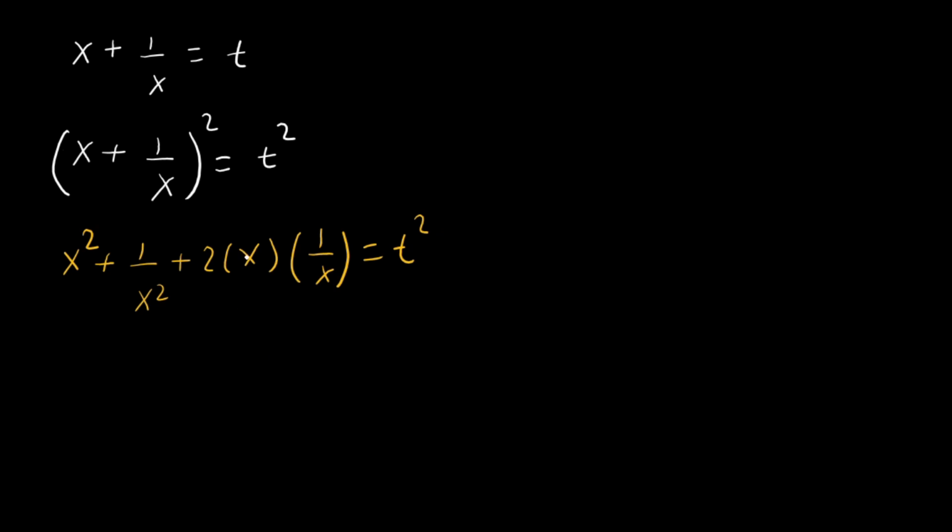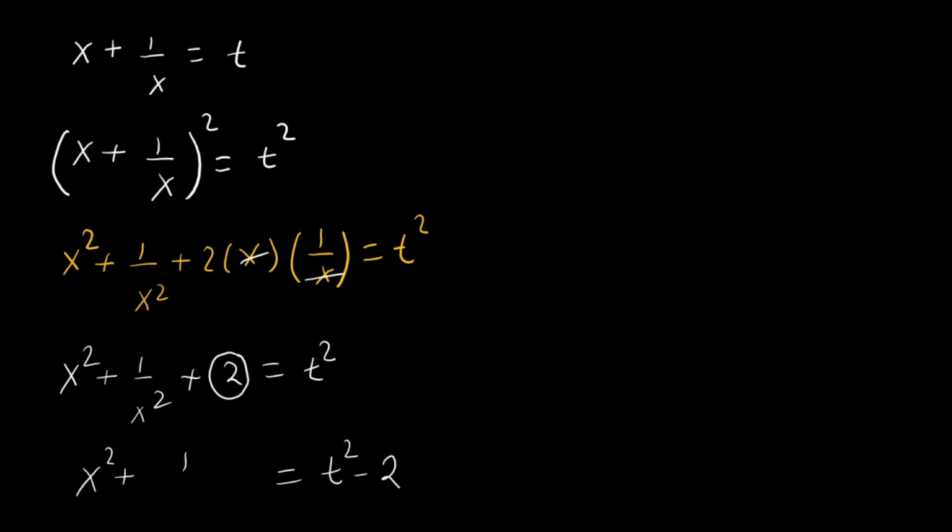Here this x and this x cancel out, then x^2 plus 1 over x^2 plus 2 equals t squared. Now if we take this 2 to the right hand side, it becomes minus 2, so t squared minus 2, and on the left hand side x^2 plus 1 over x^2.